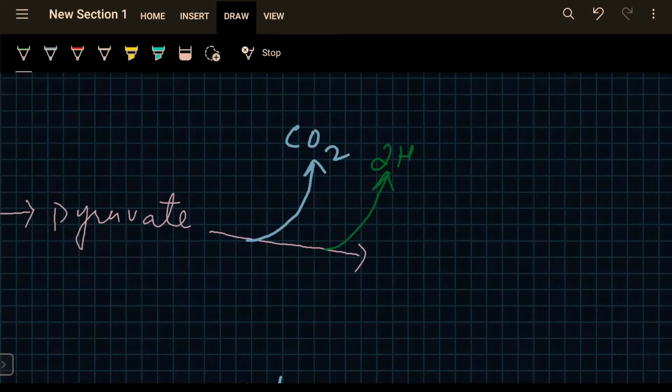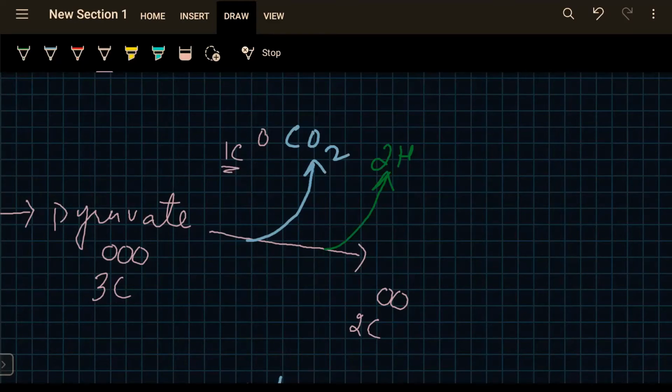Okay. So we already know pyruvate is a 3-carbon molecule. If 1 carbon dioxide is removed from this 3-carbon pyruvate, a 2-carbon molecule will be produced. So 1 carbon is lost here.